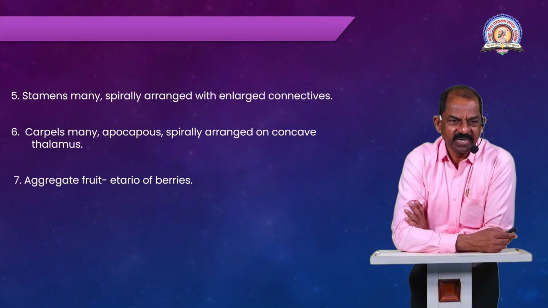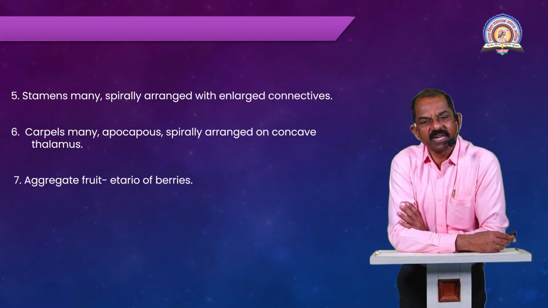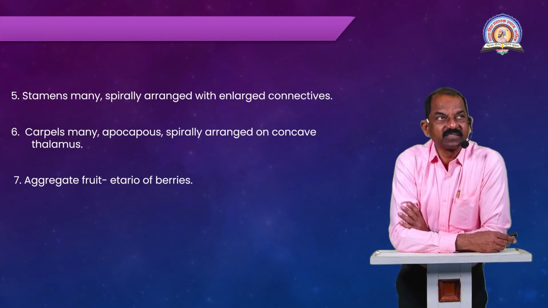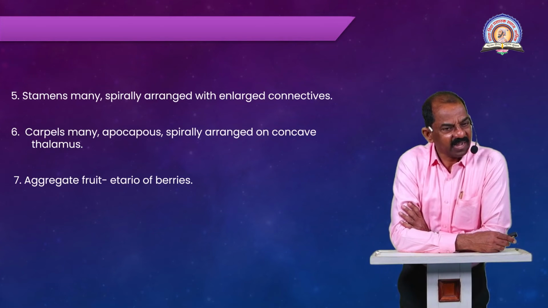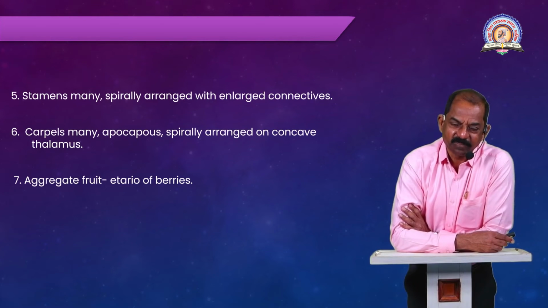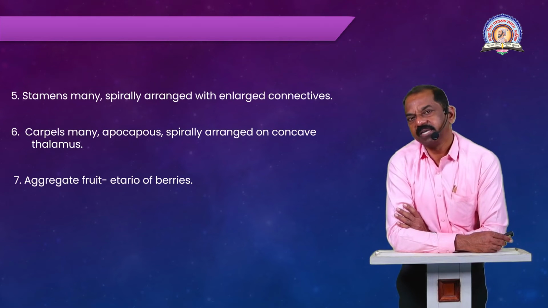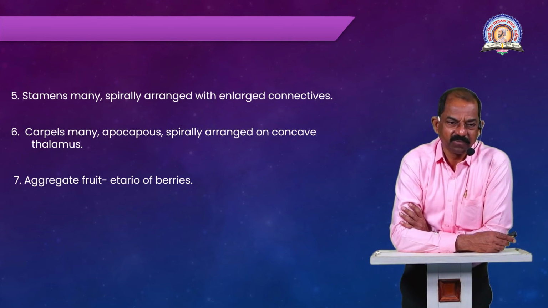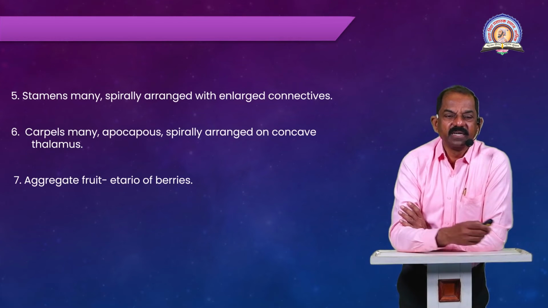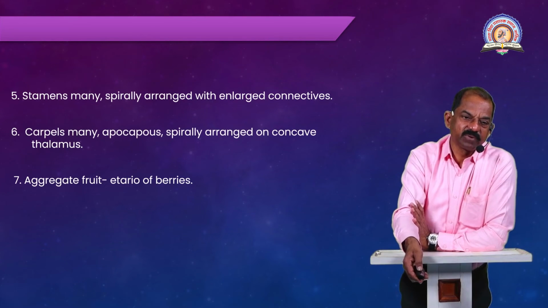The stamens are many, spirally arranged, with enlarged connective. The carpels are also many, apocarpous, spirally arranged, or a connate thalamus is present at the base of the flower, and the fruit is an etaerio of berries.